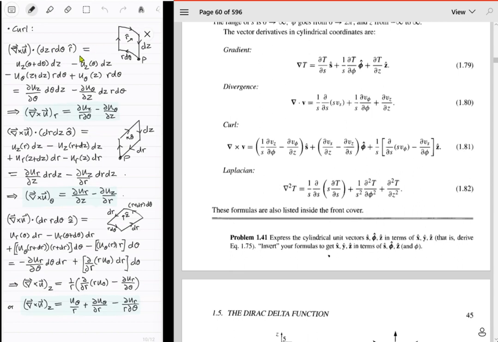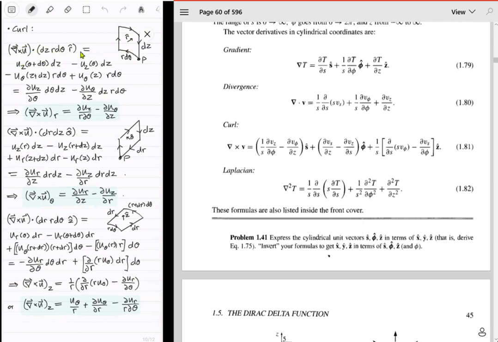But the area is just this thing, dz r d theta, and to get the radial component we just dot with r hat. You could argue that this is the dA vector, so it's not such a big problem to have the radial component everywhere.